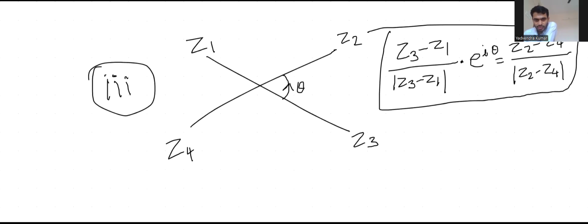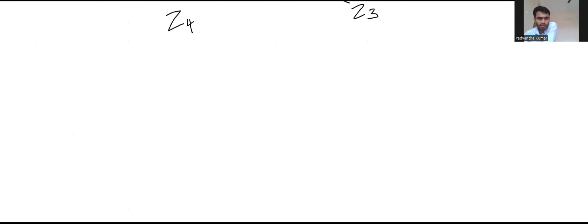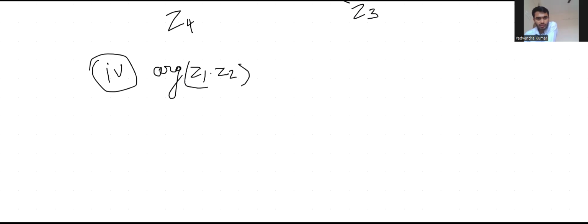Now we are moving next. Rotation only. Consider the fourth one. So arguments get the log property. That is because of this rotation only. Like if we are looking at argument of Z1 into Z2, it is going to be argument of Z1 plus argument of Z2.